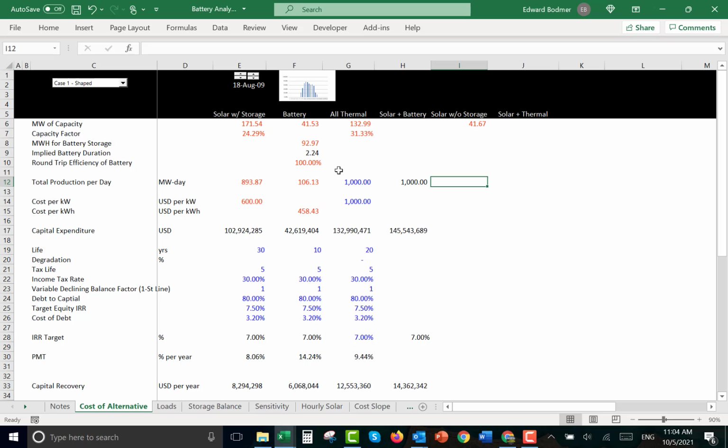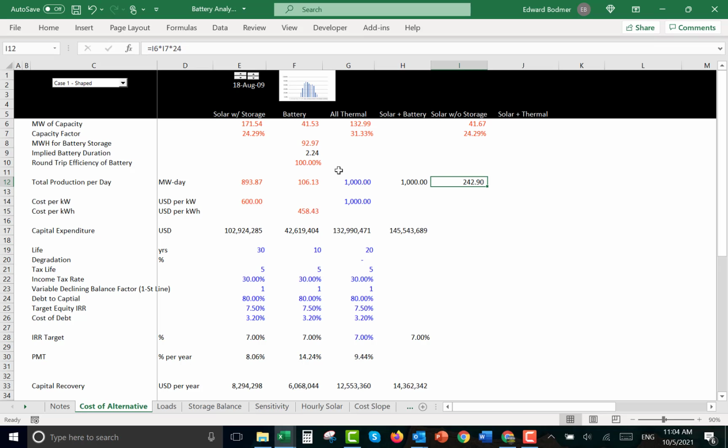Eventually, when we put the solar power without the storage, why don't we go and do that now? We have our solar capacity factor, and then we can multiply our solar capacity factor by 24 and get that.